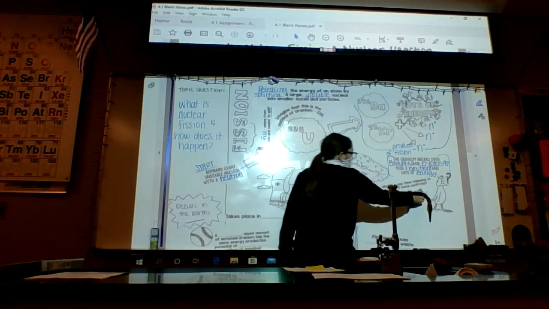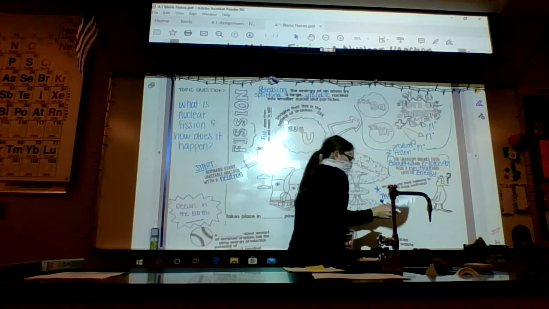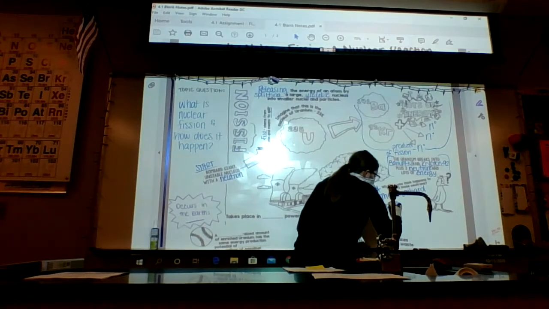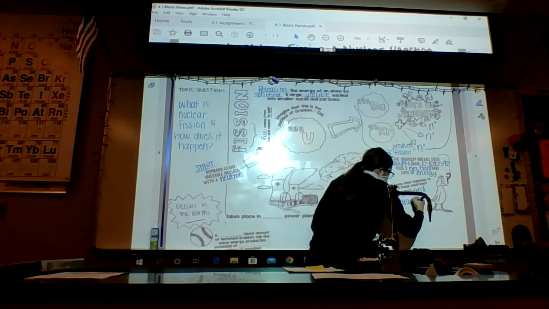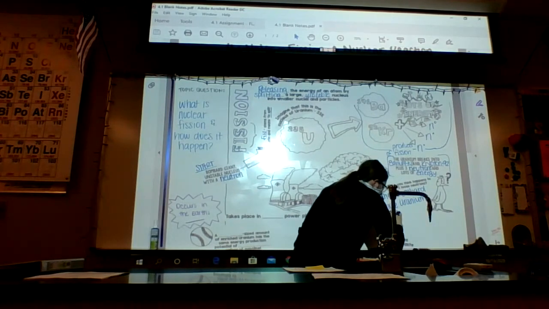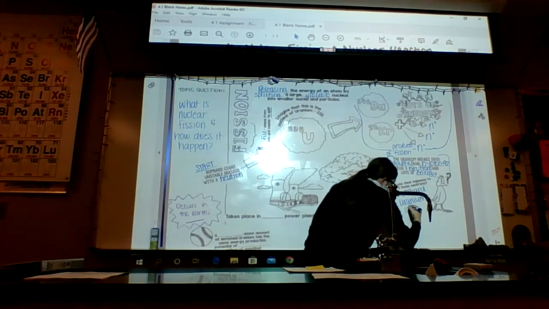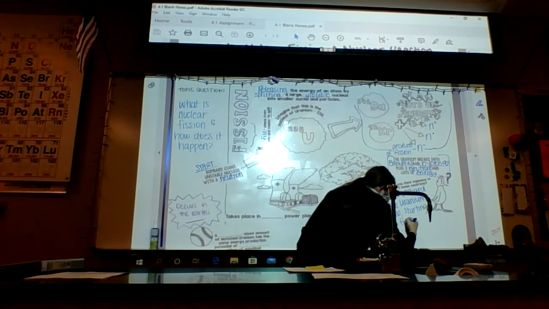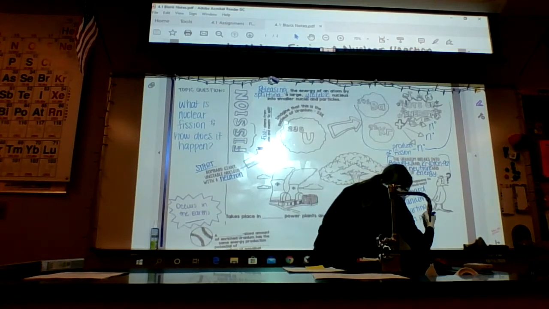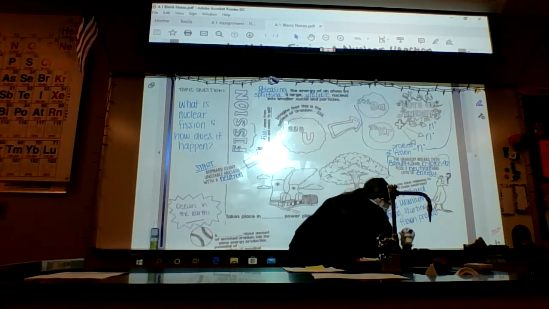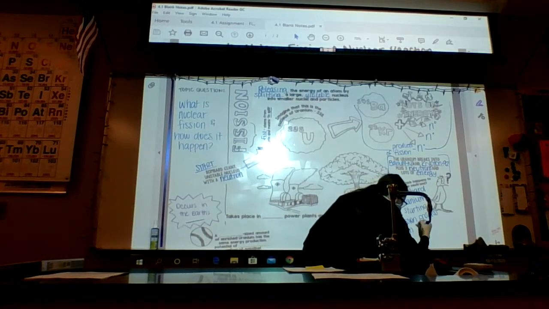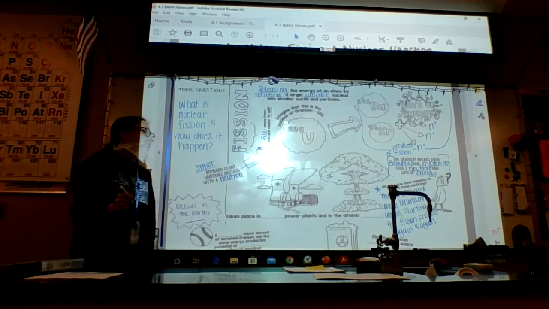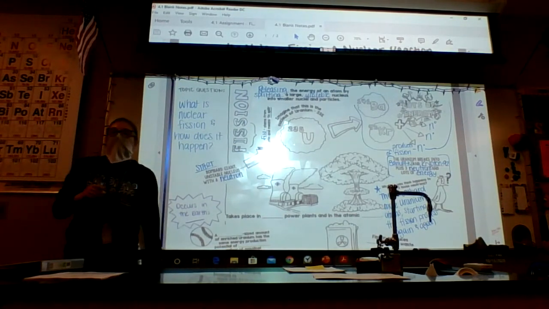Those 3 loose neutrons, they're going to bombard more uranium atoms, starting the fission process again and again.